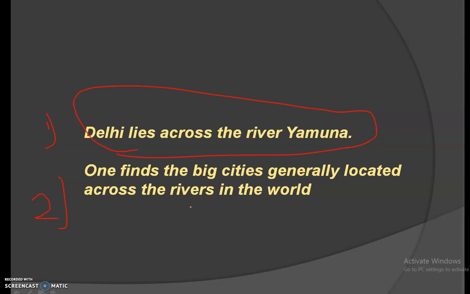Of the above two statements, the former is a simple statement, whereas the latter may be called a scientific statement, because scientific statements are based on generalization derived from a number of simple facts, or you can also call them simple statements.